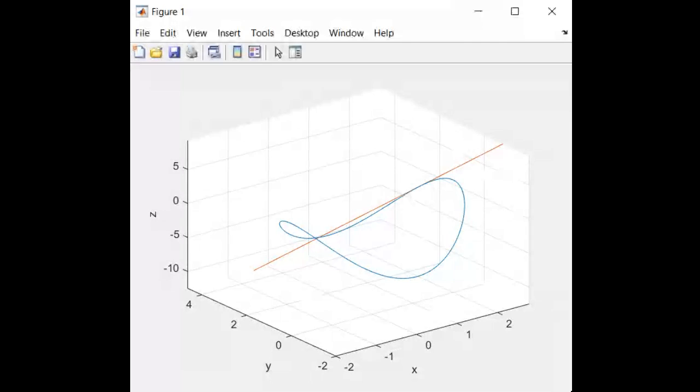I got this. How many are getting a picture like this? Good, Ryan. Does this seem to confirm, is this a geometrical confirmation that the parametric equations for our tangent line are correct?